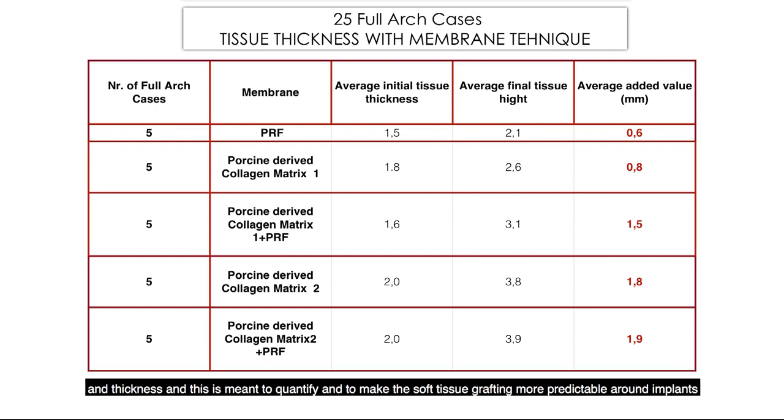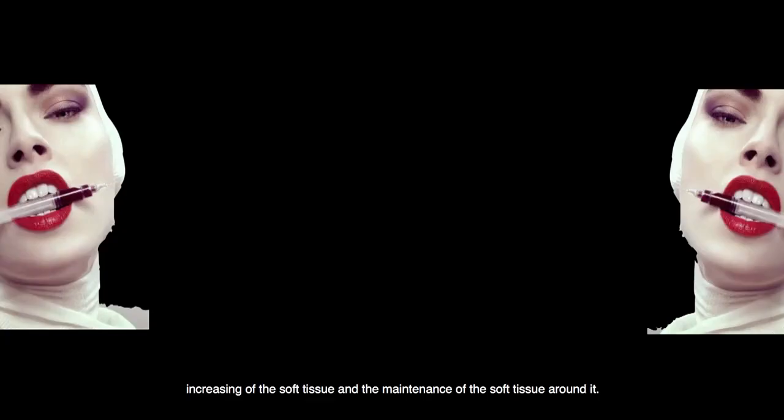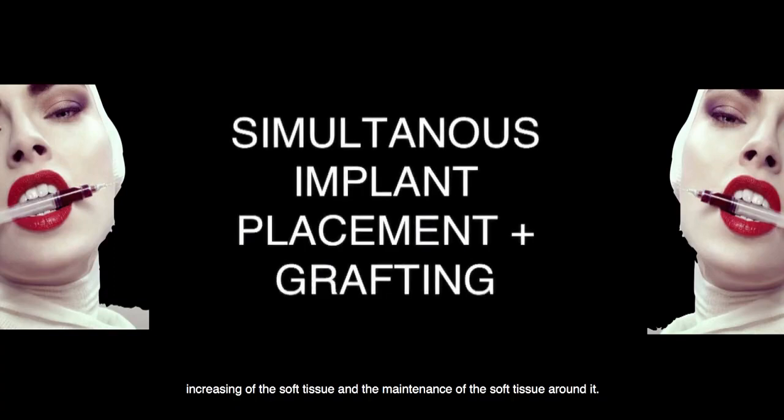And this is meant to quantify and to make the soft tissue grafting more predictable around implants, which have a concave emergence profile and allow the increasing and the maintenance of the soft tissue around it.